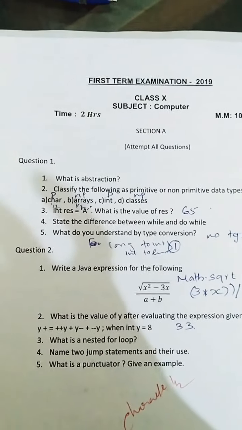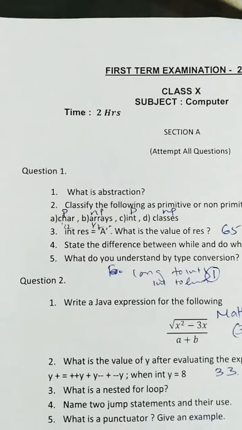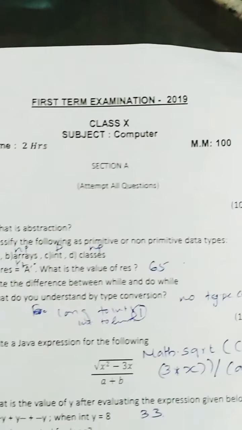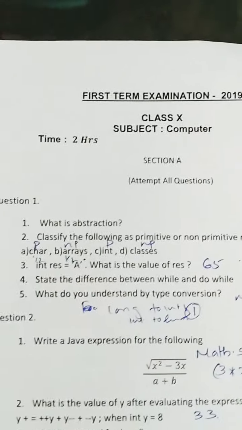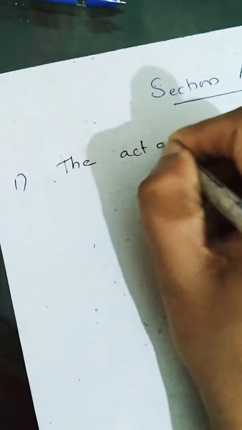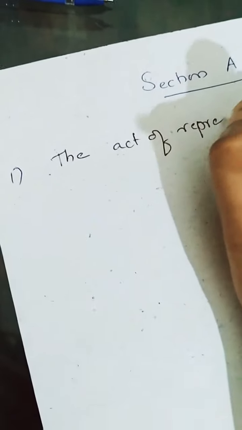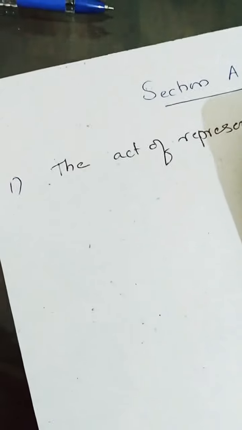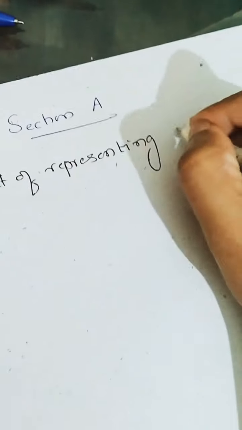Let's begin. The first question is, what is abstraction? Abstraction means the act of representing essential features without including the background details.